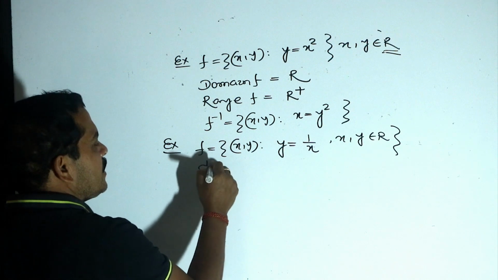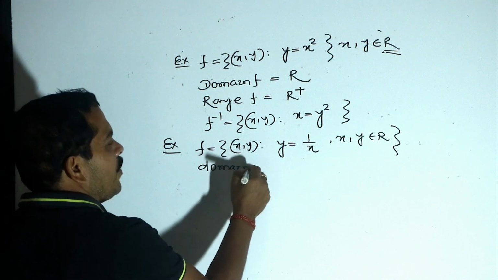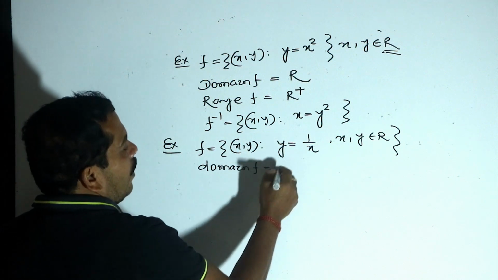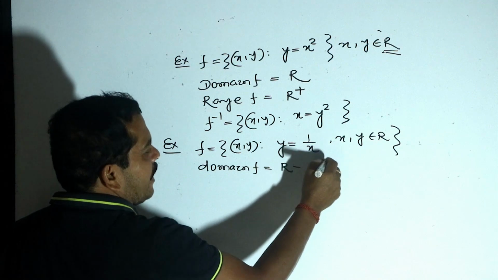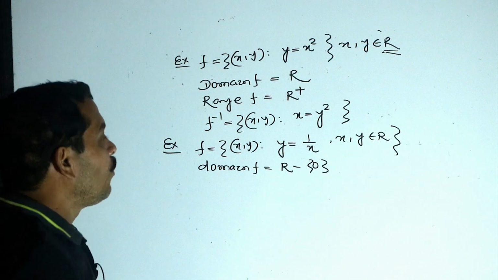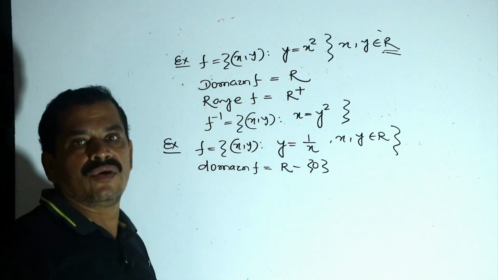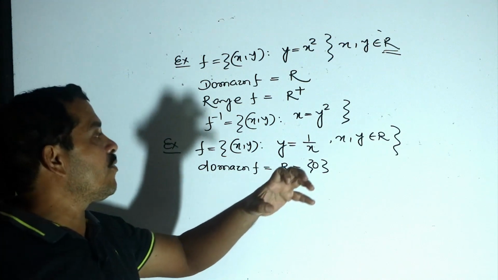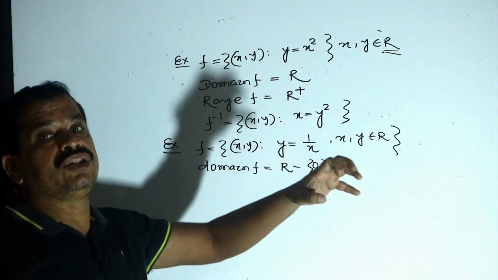Here domain f is real numbers except 0, because we cannot find 1 by 0. So the domain cannot contain element 0.